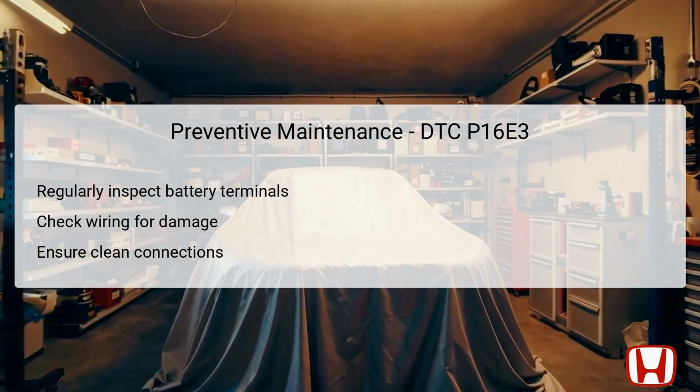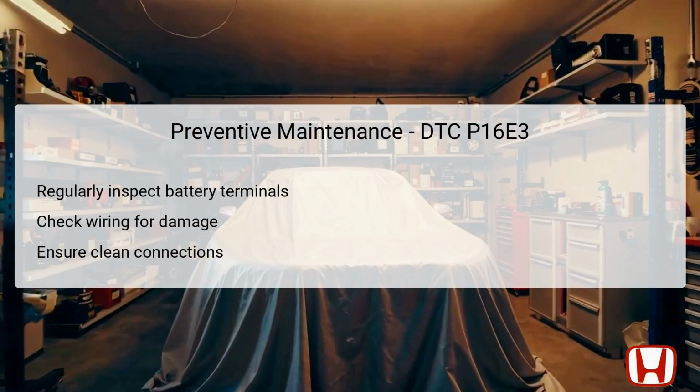Preventive maintenance plays a critical role in minimizing the risk of DTC P16E3 reoccurring in the future. Begin by regularly inspecting the battery terminals to ensure that they are secure and free from corrosion. Any signs of corrosion should be addressed promptly to prevent electrical issues down the line.